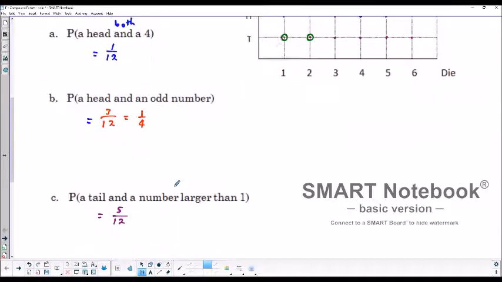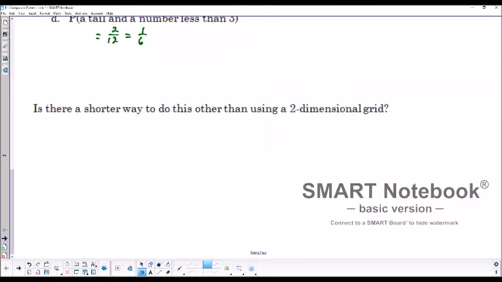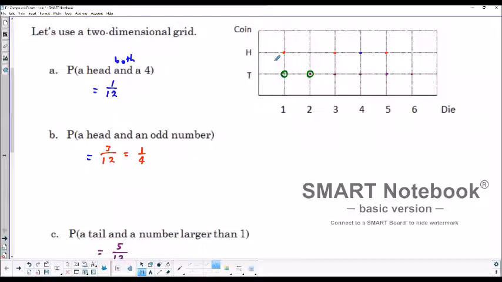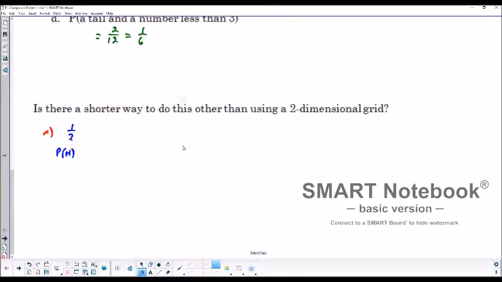For part A here, we have a head. The probability of a head is 1 over 2. And the probability of the 4 is, of course, 1 over 6.